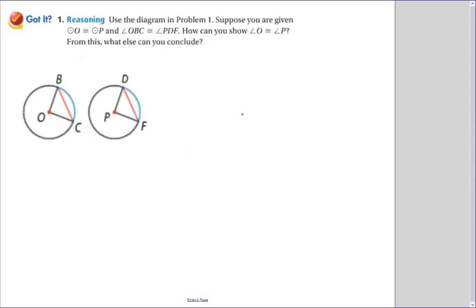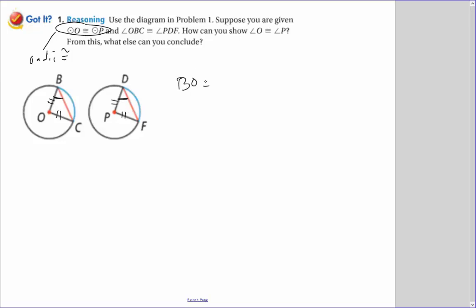Here's a good problem for reasoning. We're going to use the same pictures from the previous slide, and we know that the circles are congruent. If my circles are congruent, I know that the radii are congruent. And I know that angle OBC is congruent to angle PDF. If these two circles are congruent, I know that OB, OC, PD, PF are all congruent.